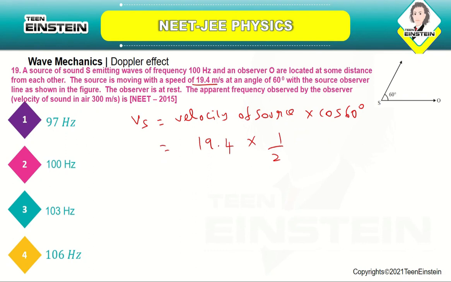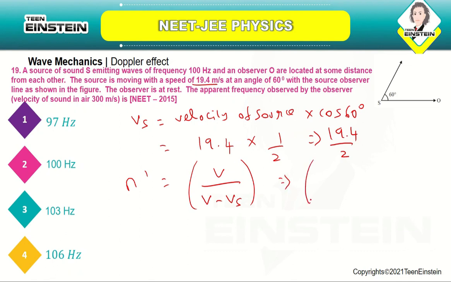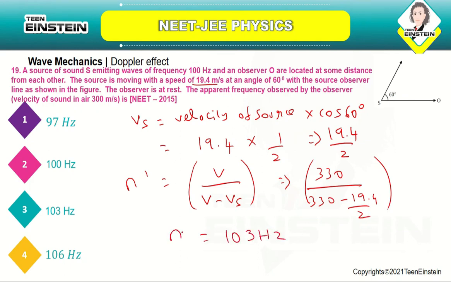So the apparent frequency is given by n dash is equal to v by v minus vs. vs you know is 19.4 by 2 and the v value is 330. So this will become 330 by 330 minus 19.4 by 2. If you solve this, you will be getting around 103 Hertz. So the apparent frequency is 103 Hertz. So the correct answer is option number 3.